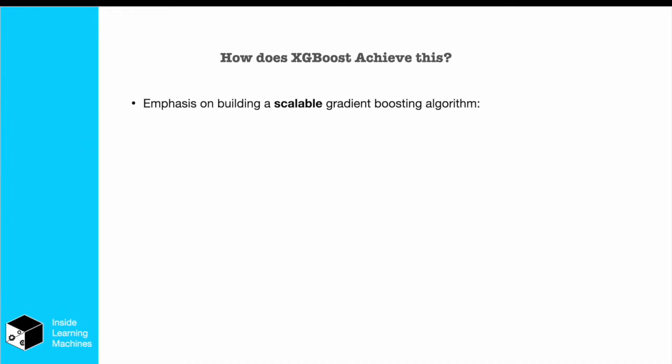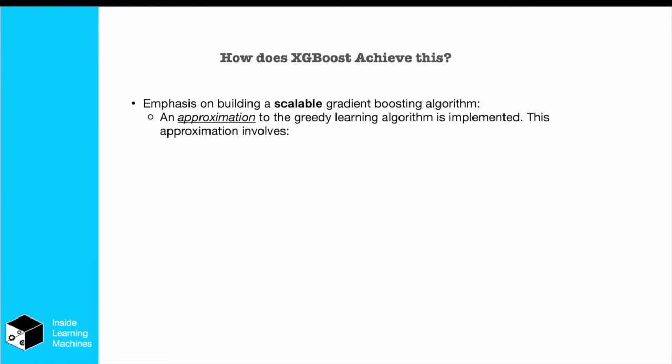One of the main elements is the emphasis on building a scalable gradient boosting algorithm. Now let's touch on how exactly that's done. One of the main things is that an approximation to the greedy learning algorithm is implemented in XGBoost.